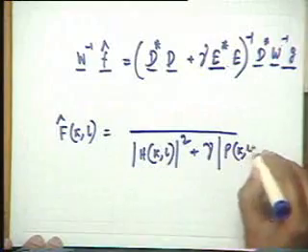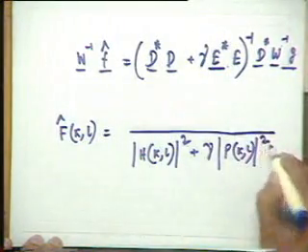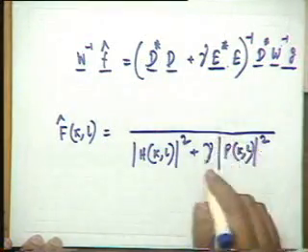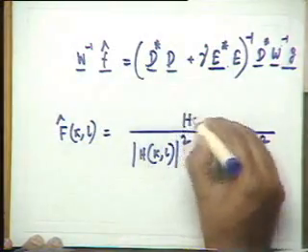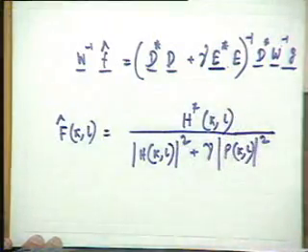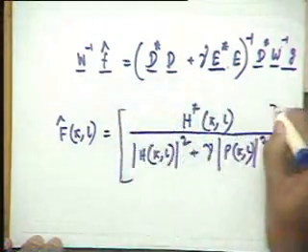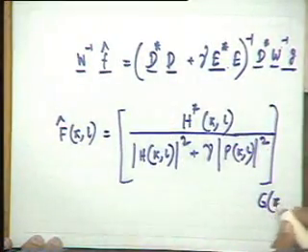Call it P KL, because that is going to be the 2D DFT of the extended convolving function PE. And in the numerator we are going to have H star KL, and this entire thing must be multiplied by G of KL.